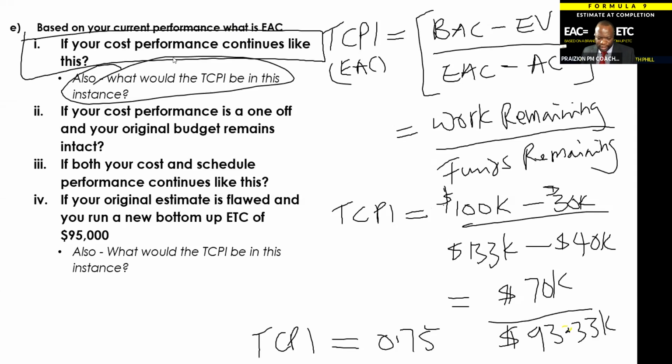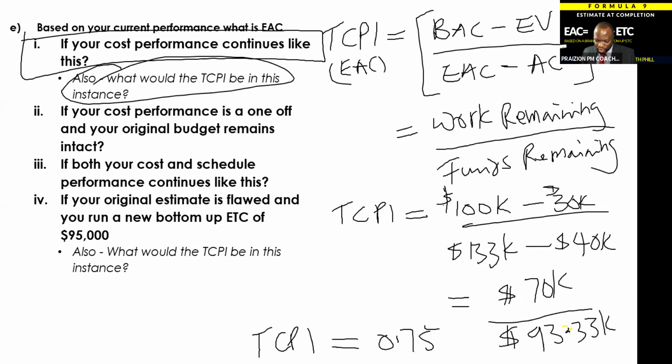And last but not least, we have, if your original estimate is flawed and you run a new bottom-up ETC of 95K, so our EAC in the case of the 95K was what?